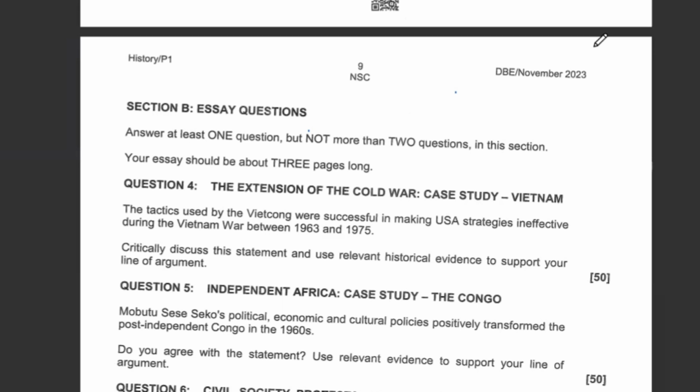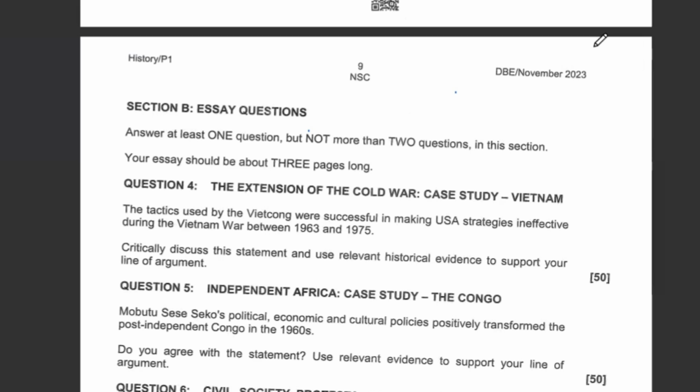Historical evidence comes in different dimensions. Maybe, for example, you are talking about tactics by the Vietcong. Maybe you're talking about a particular tactic that was used by the Vietcong. You know the particular year when it was instituted, when they implemented that tactic. That qualifies to be historical evidence.